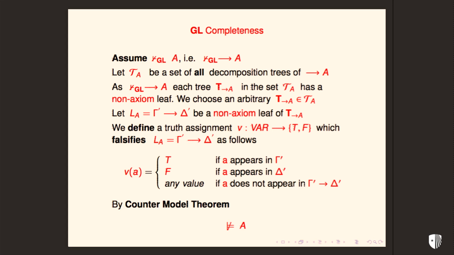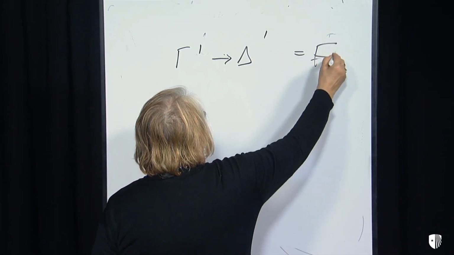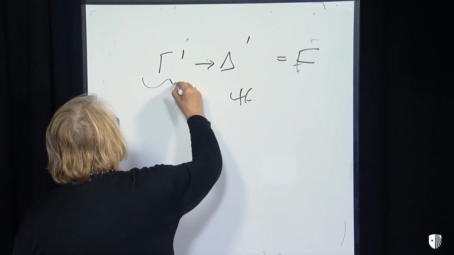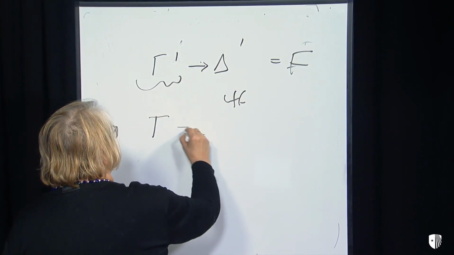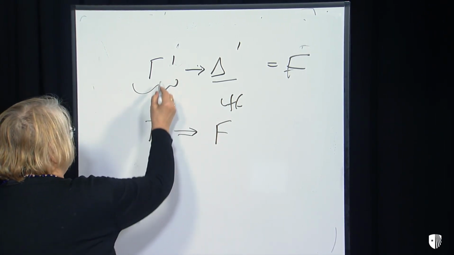We choose an arbitrary tree, and let LA, the non-axiom leaf, be gamma prime implies delta prime. Remember, they are only variables, because that's how we defined the stop of our search, the non-axiom leaf. And what does it mean that this is F?